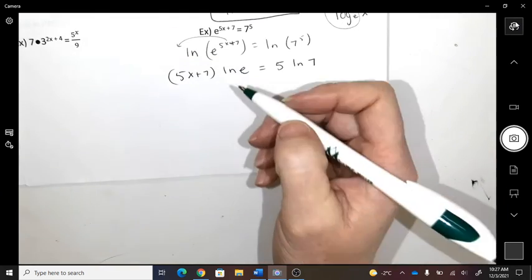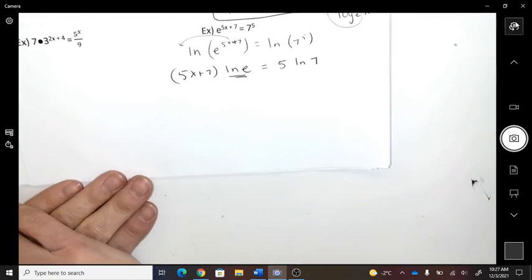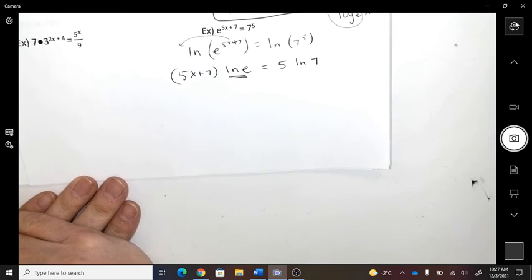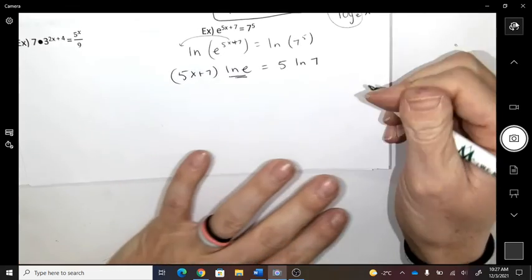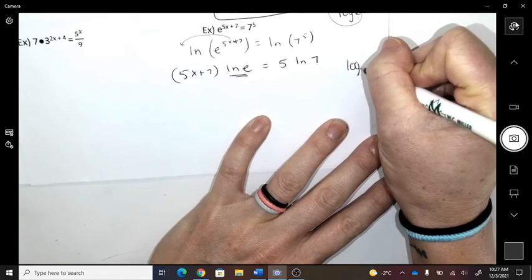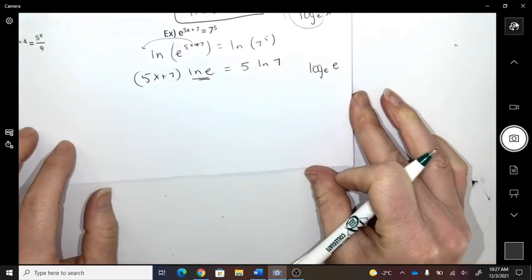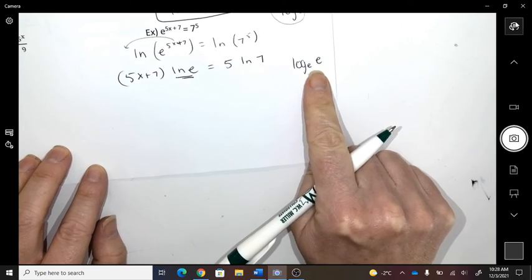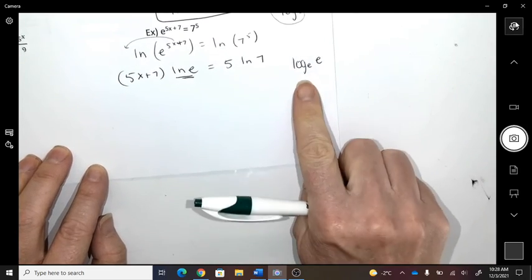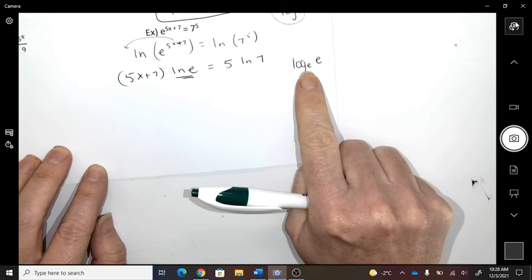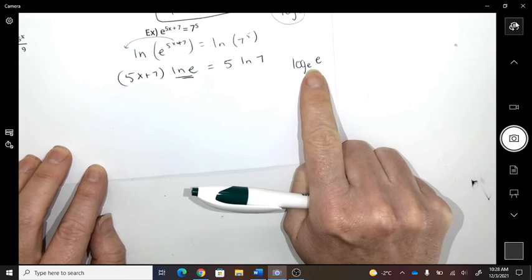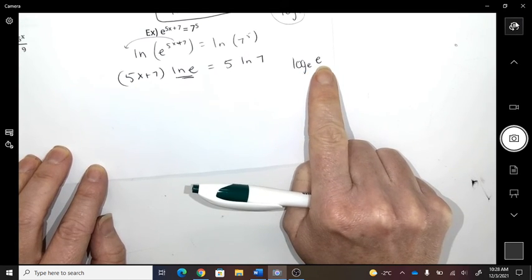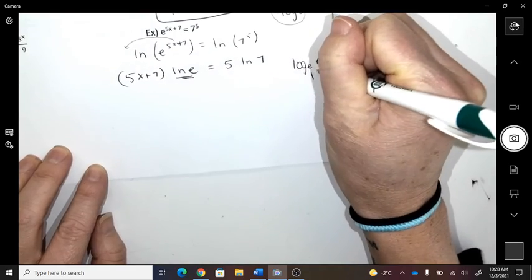But here's why I picked ln, because the ln of e is, does anybody know? Think about the ln of e is the same as writing log e, e. What would be the exponent that makes this happen? 1.